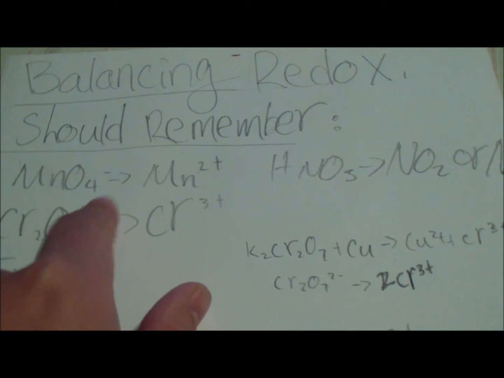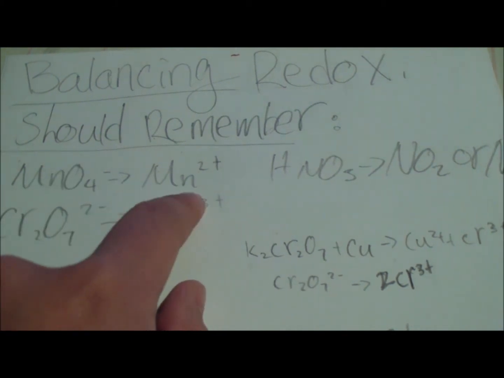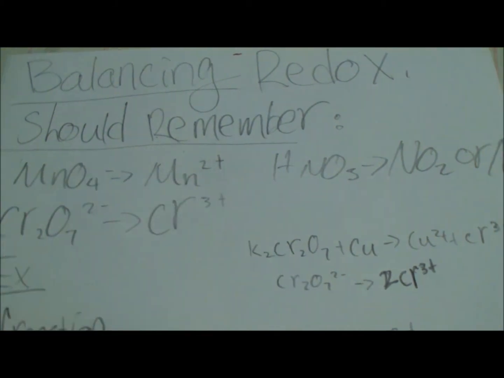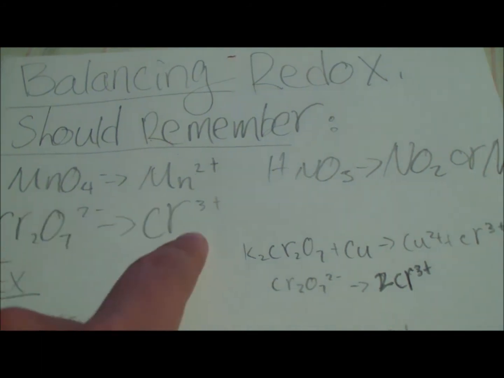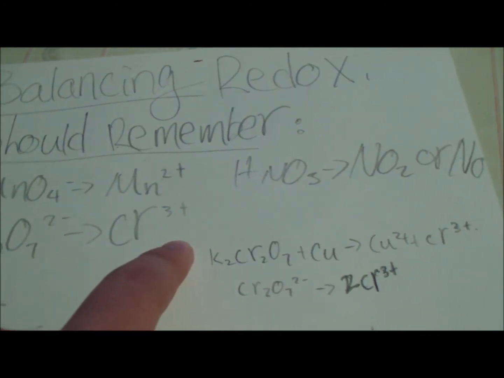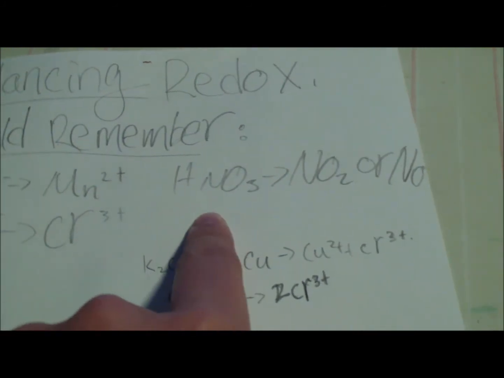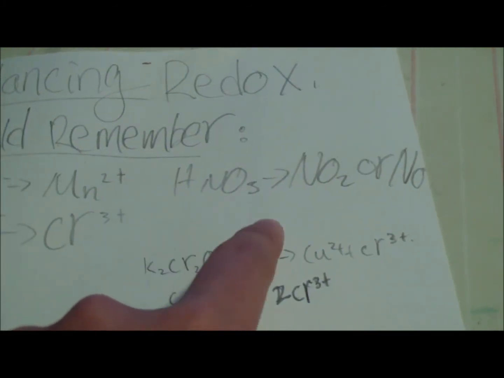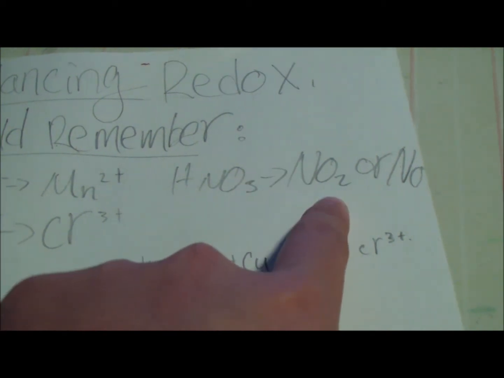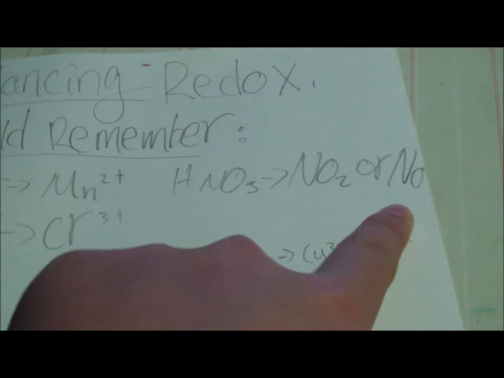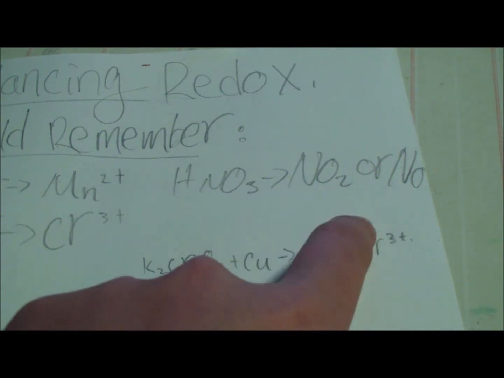MnO4 minus in a redox reaction becomes Mn2 plus. Cr2O7 2 minus becomes Cr3 plus. I hope I'm correct. HNO3 in a redox reaction most likely becomes NO2 or NO, depending on what it reacts with.